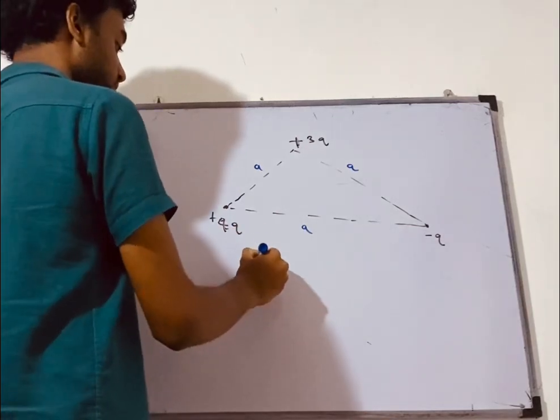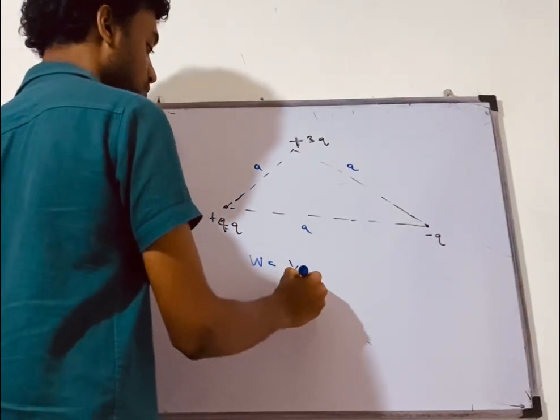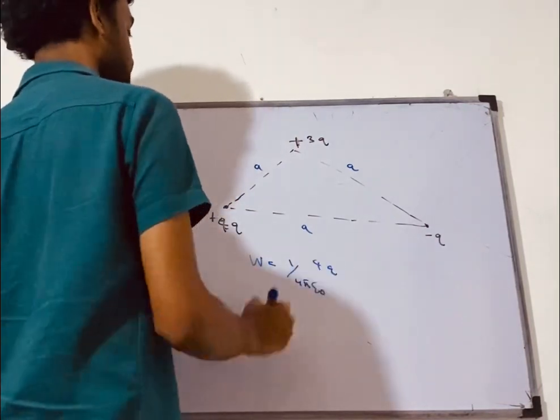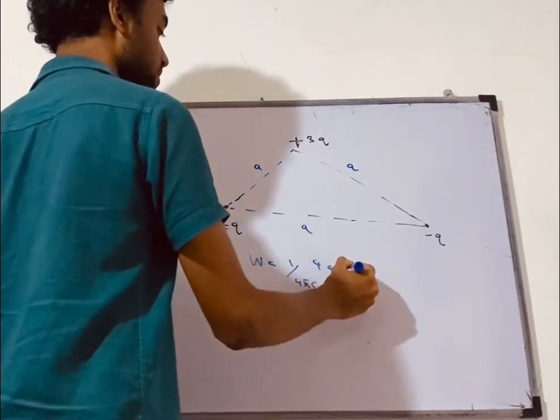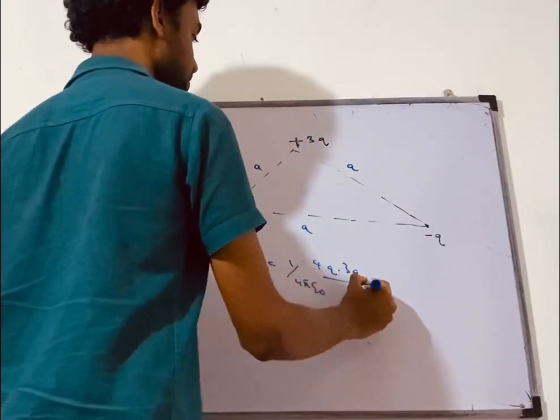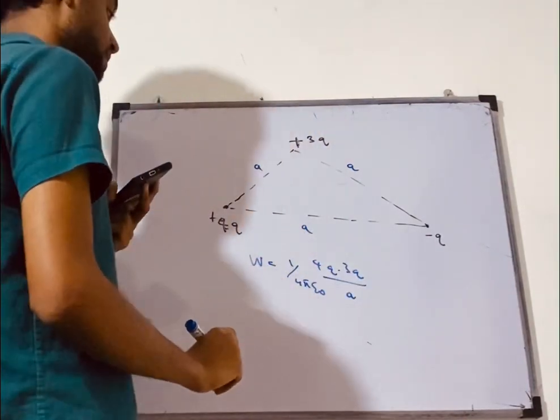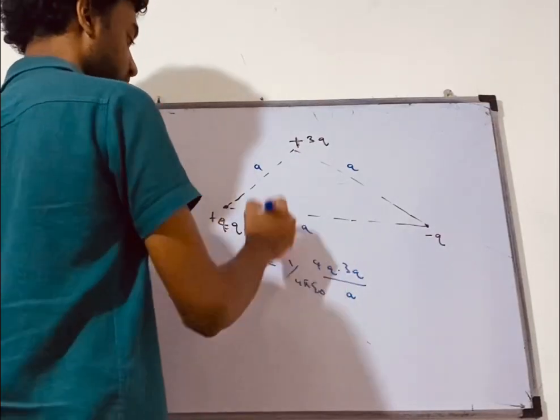Look at these two first. What's the potential energy of the system? 1 over 4 pi epsilon naught times 4Q times 3Q divided by A. It's positive. This is W1.